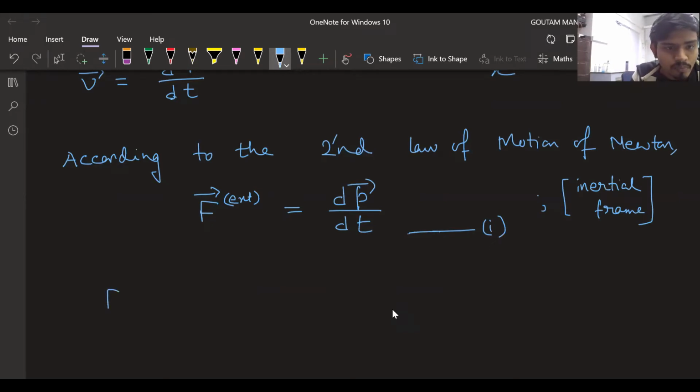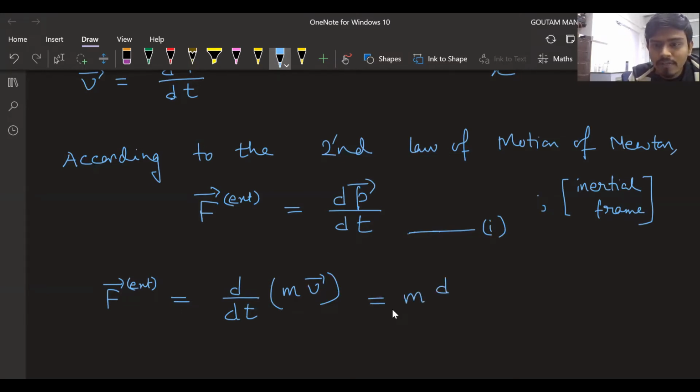Now F external is equal to d/dt of p, which means mass times velocity. This will be equal to m dv/dt if m is constant.